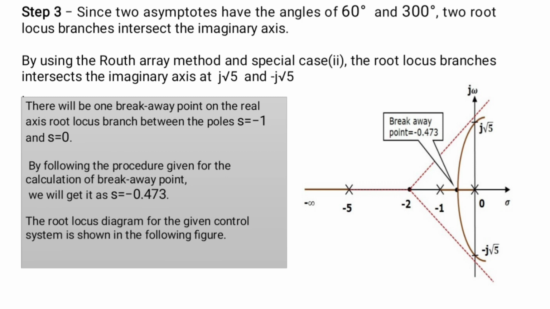There will be one breakaway point on the real axis root locus branch between the poles s equal to minus 1 and s equal to 0. By following the procedure given for the calculation of the breakaway point, we get s equal to minus 0.473, which is between 0 and minus 1. The root locus diagram for the given control system is shown in the following figure.